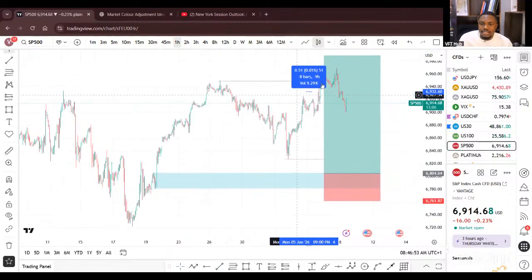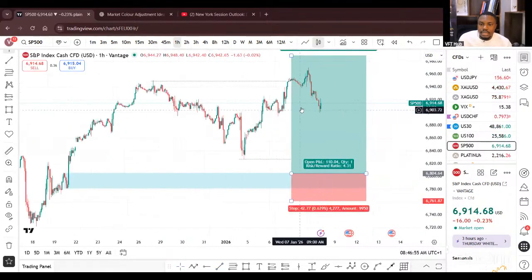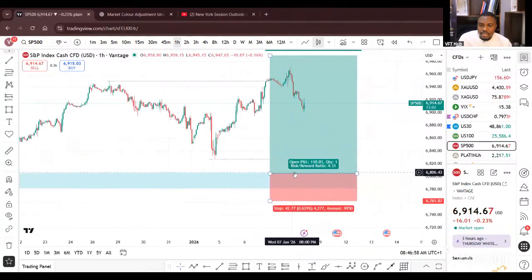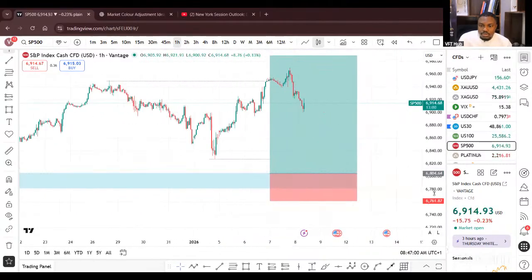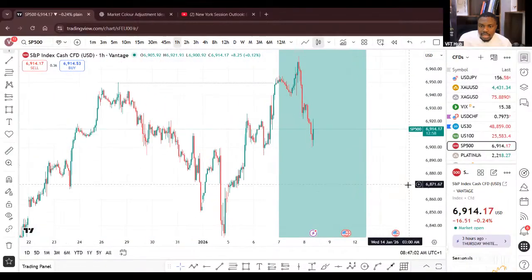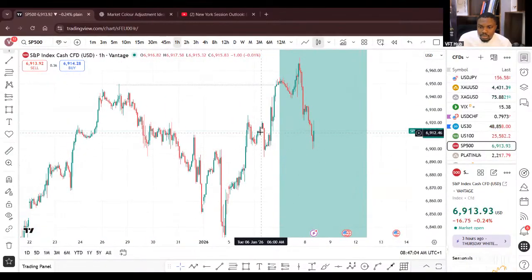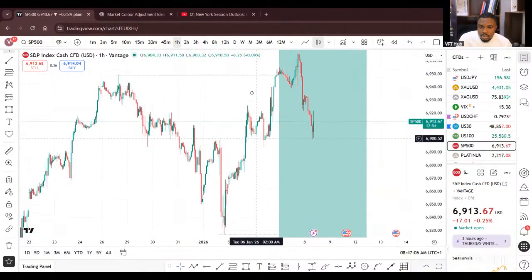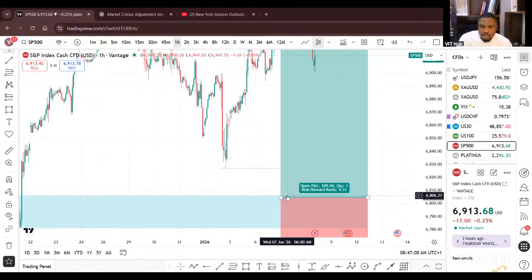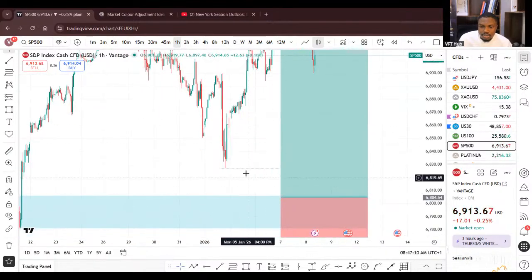Then we expect that price comes back into this zone. For me personally, I want to see price come into this zone.